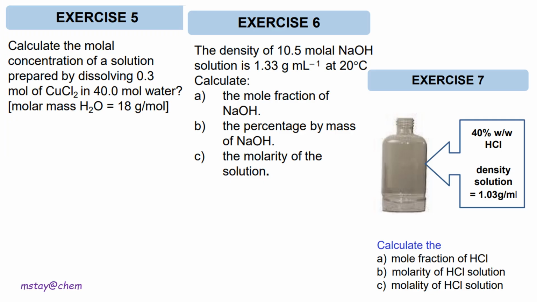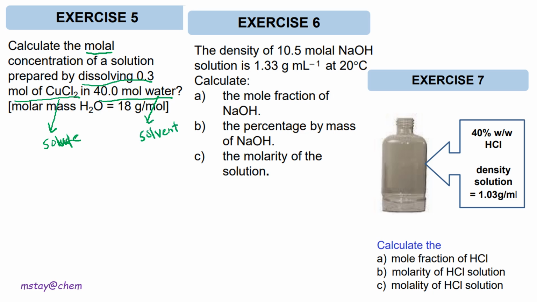Now let's proceed to exercise 5 in the notes. Calculate the molar concentration of a solution prepared by dissolving 0.3 mole of copper 2 chloride in 40 mole of water. From here we have the idea that copper 2 chloride is the solute while water is the solvent.